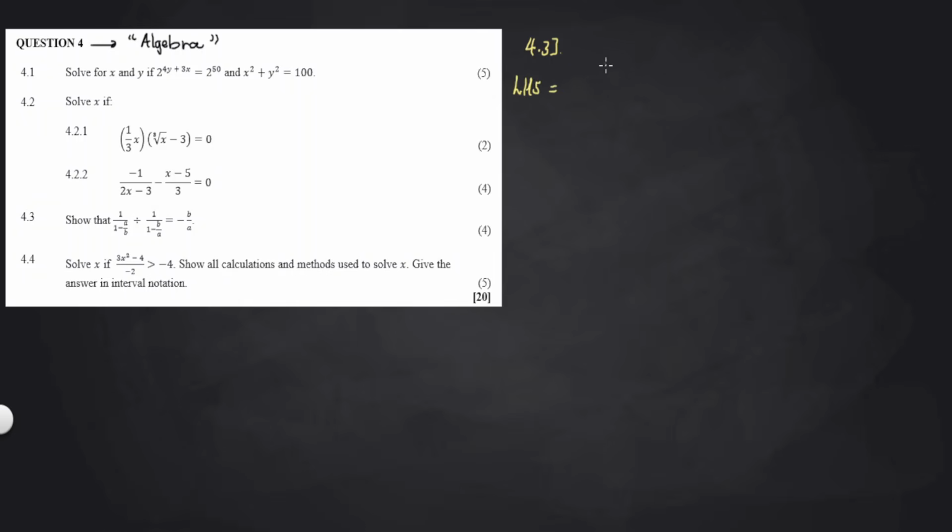Left hand side, it's 1 over 1 minus a over b divided by 1 over 1 minus b over a. Okay, so we simplify the denominators because I have a fraction subtracting a number. So that's 1 over b times 1, that's b, minus a divided by b.